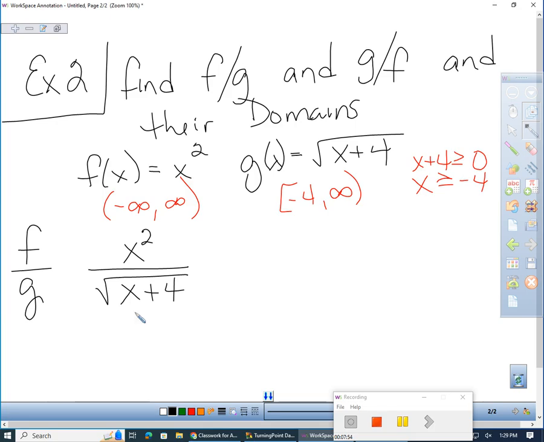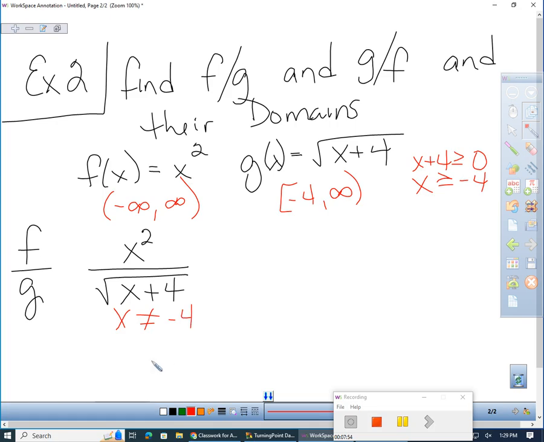In the denominator, even though it's a square root, it cannot equal what? So can I still have a bracket here? I can't have a bracket anymore because if I were to put negative 4 in here, it would give me 0 in the denominator, right? So I cannot have a negative 4 inside that square root. Okay, so I'm going to put that here. X cannot equal negative 4.